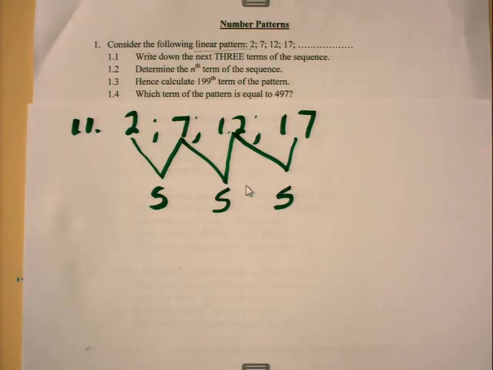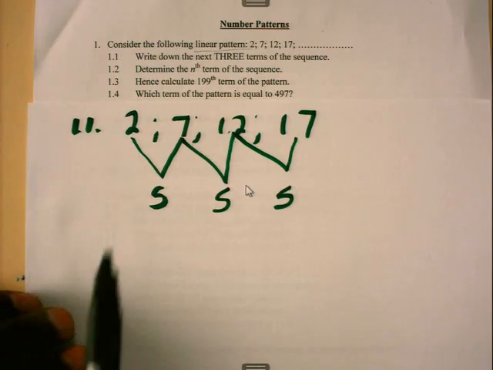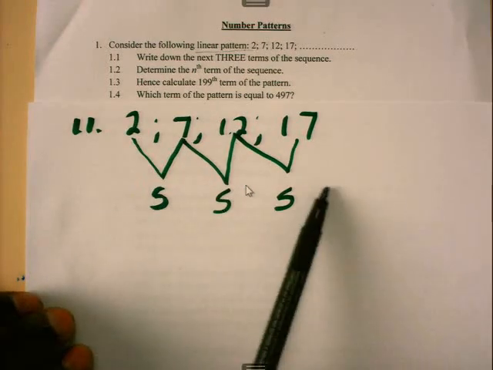So once the first difference is common, that pattern is called a linear number pattern. It means to determine the next term, we just have to keep on adding the common difference. We agree that the first difference is 5.